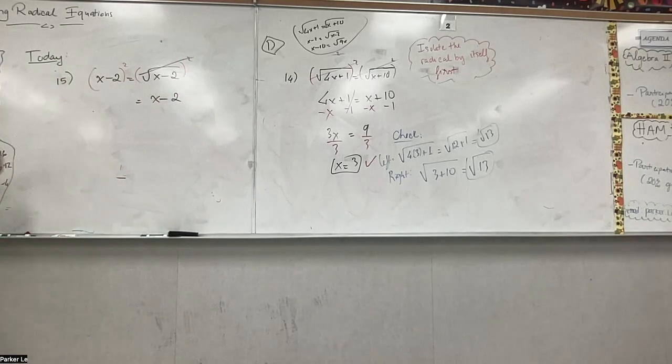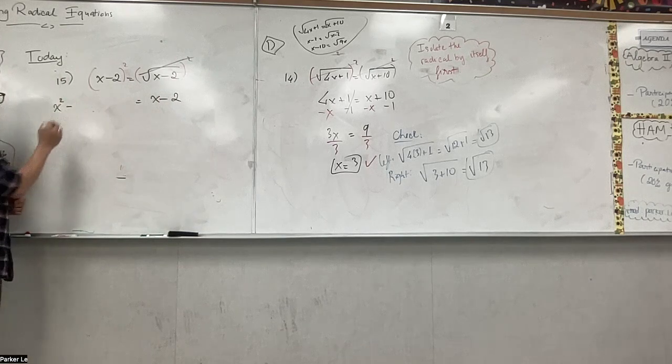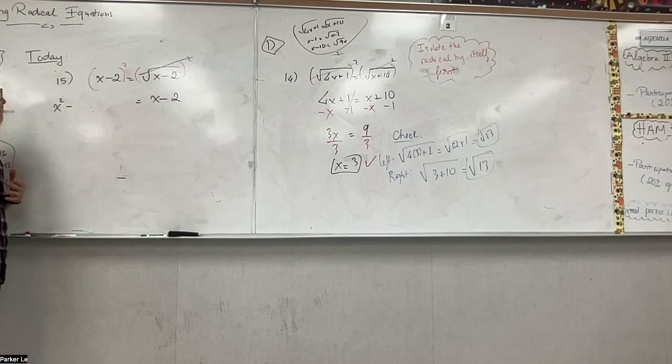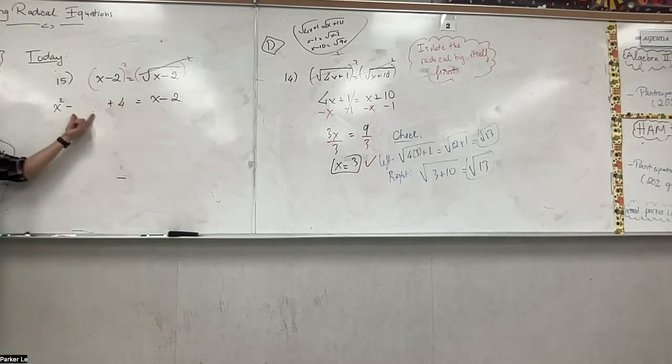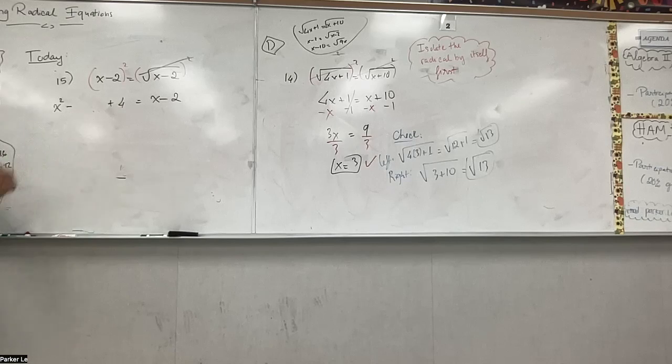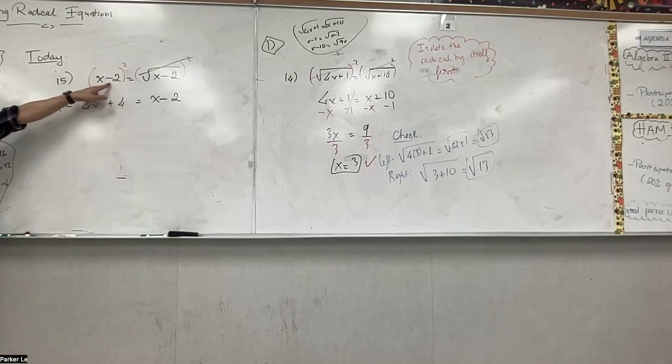X squared, minus, plus 4. What is the middle? That'll be negative 4x, negative because this is minus.